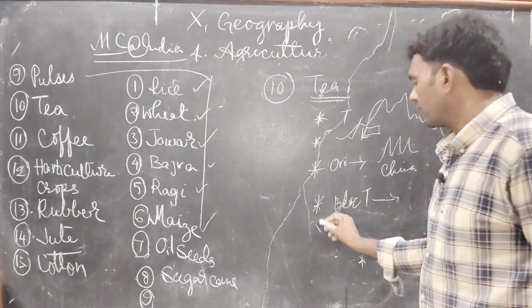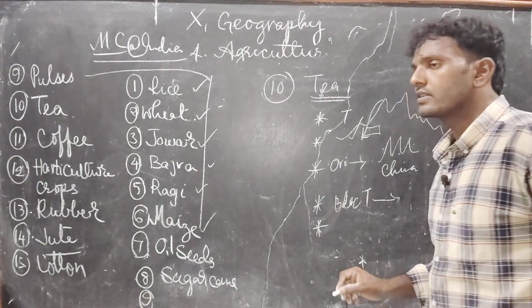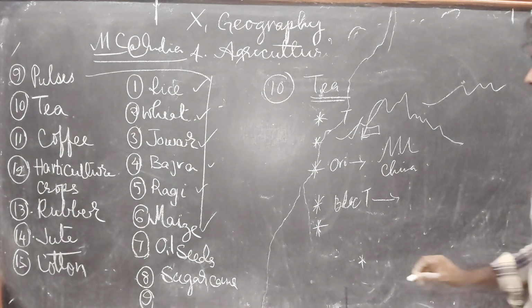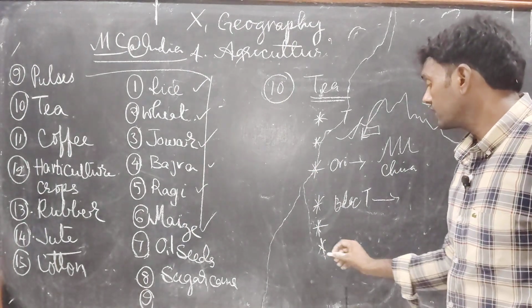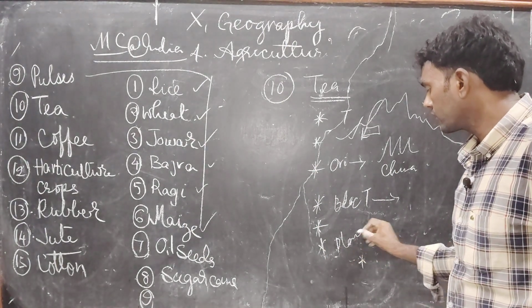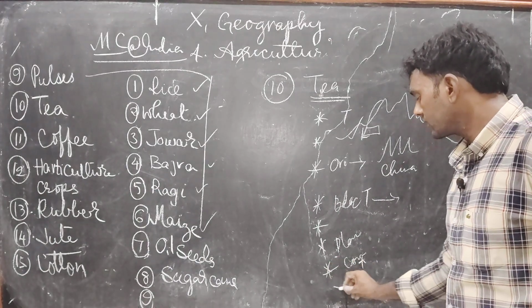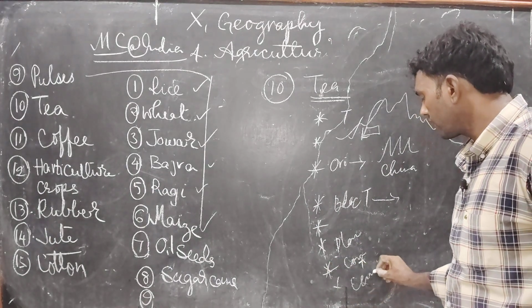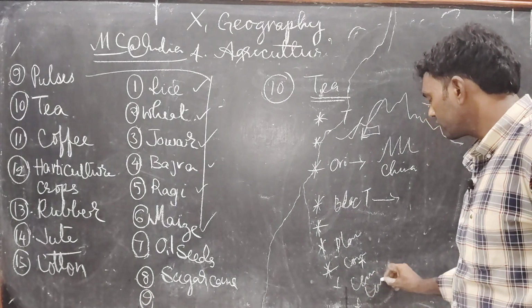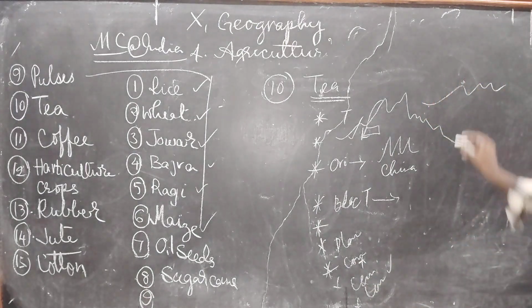For green tea and these other teas, we don't ferment the leaves. And tea is also a plantation crop, a commercial crop, and it is both a capital intensive and a labor intensive crop.